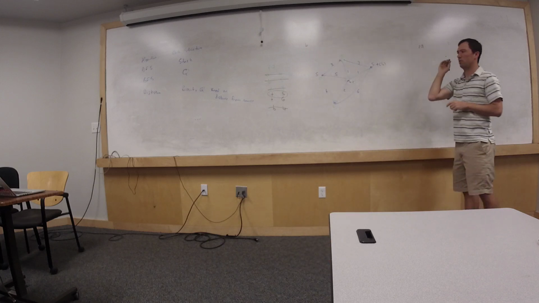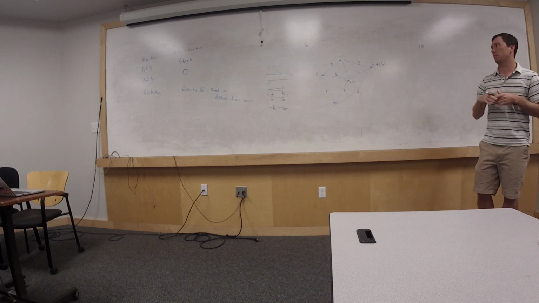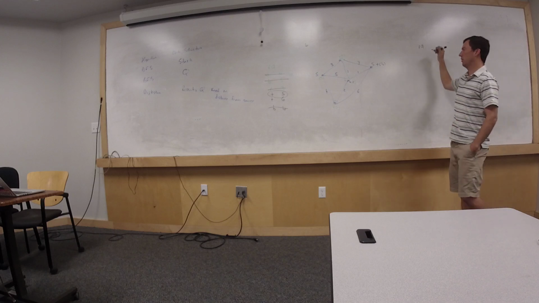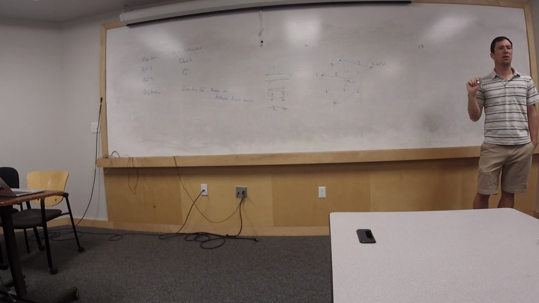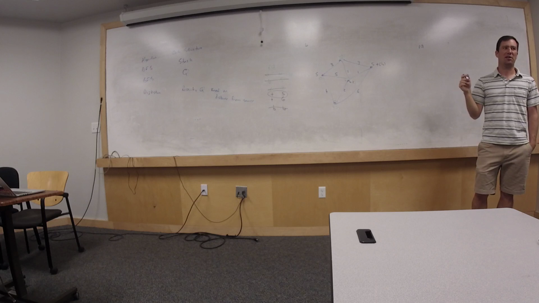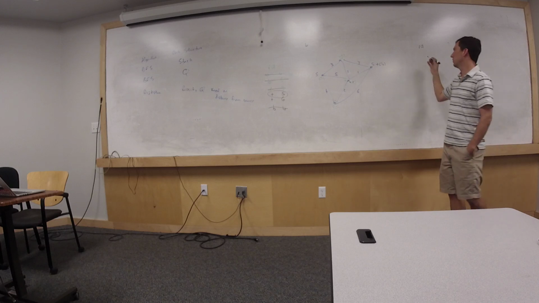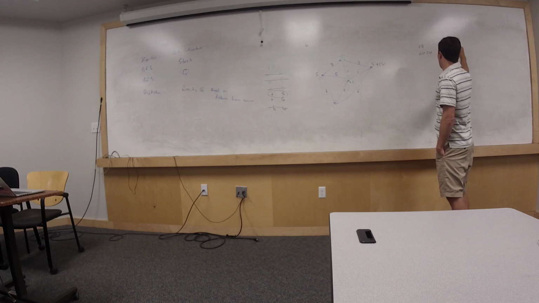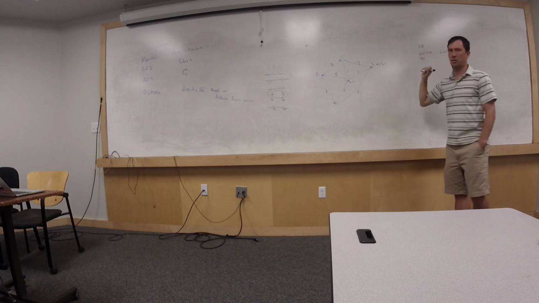So we need a PQ to start with. So yeah, this is a priority queue. We need our distance estimate. So one way we store this is just as a hash table, so a map from node to estimated distance. And then the previous, which also could be a hash map.